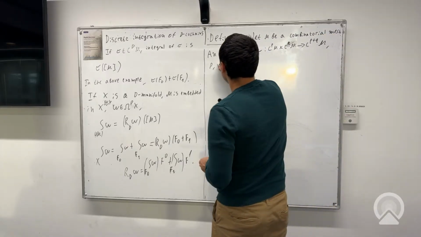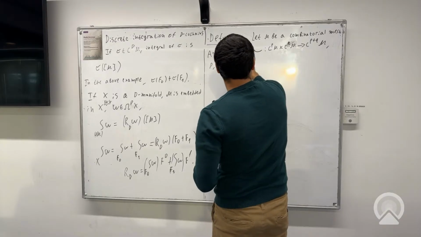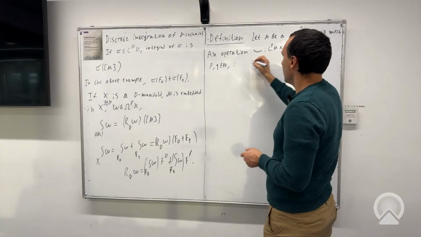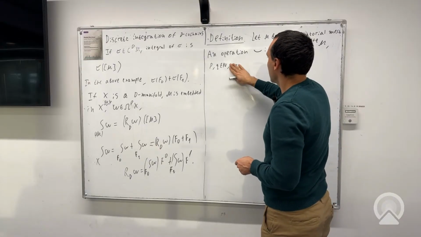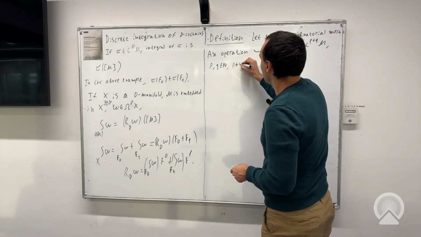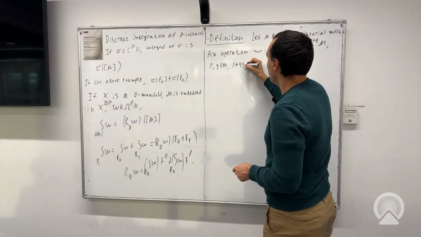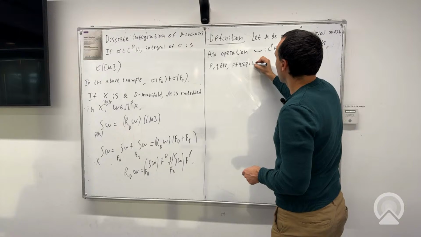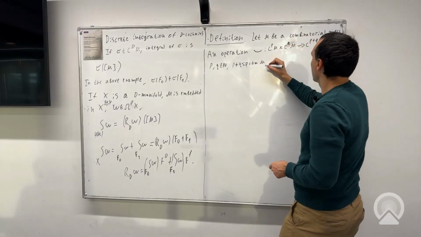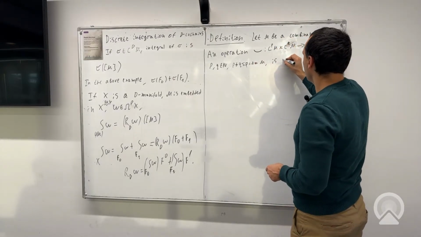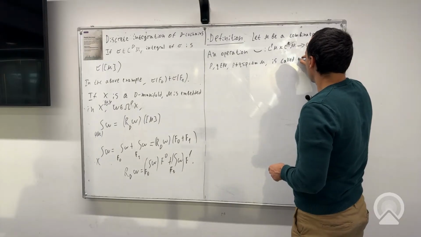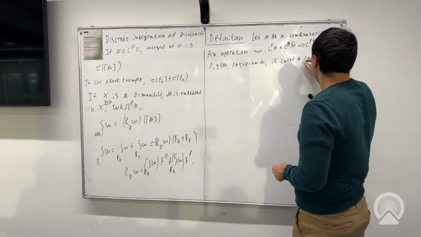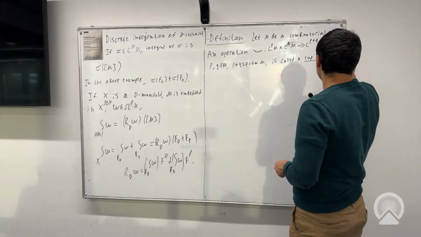Here P and Q are integers, and P plus Q should be less than the dimension of M, otherwise it will be 0. It's called a cup product if it has the following property.